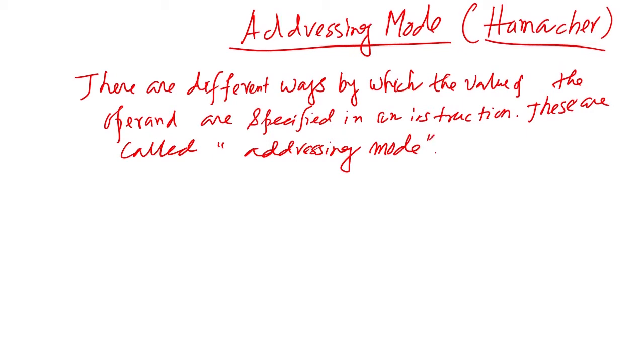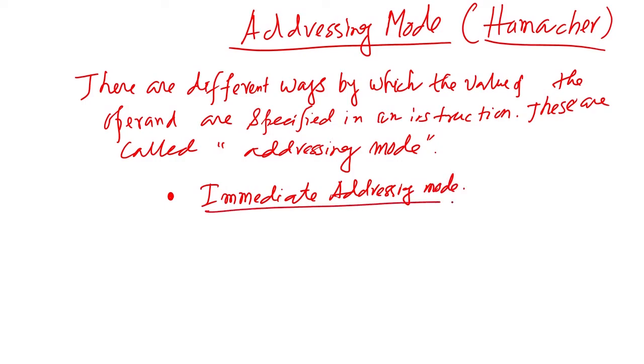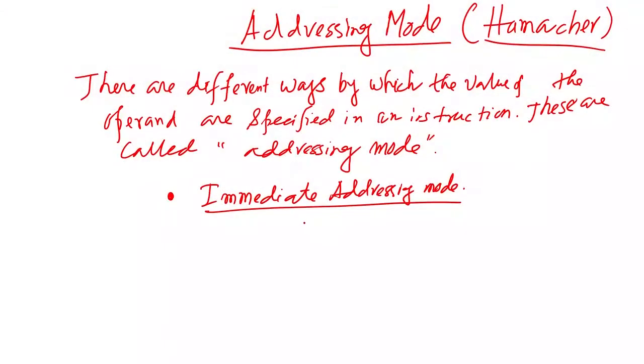There are three major addressing modes, and then there are variants of those. One is called immediate addressing. Immediate addressing means one of the operands is specified inside the instruction, so the value is given directly. In the earlier example we wrote C equal to A plus 8.